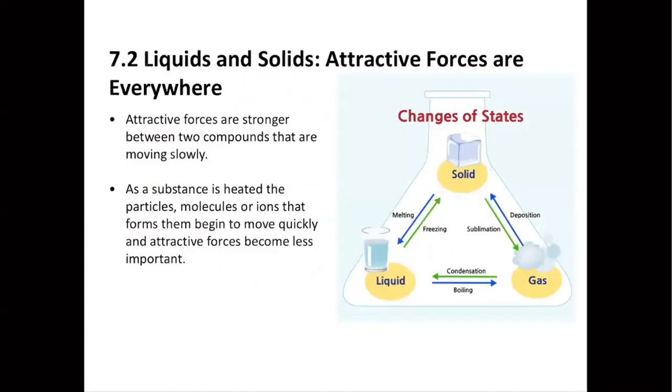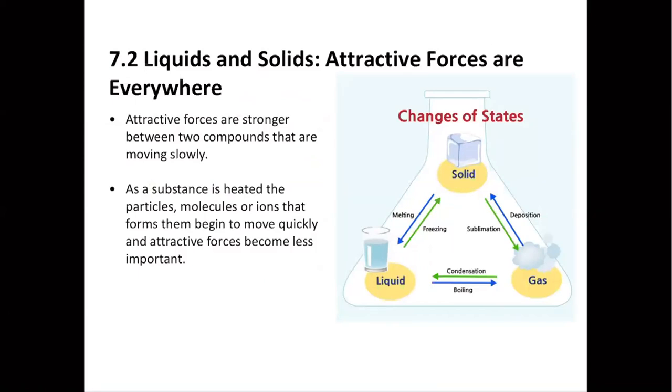Because in section 7.2, we're going to talk about specifically how liquids and solids can have attractive forces in them. And depending on the attractive forces that they have, understand that we can find them in the different states, okay?